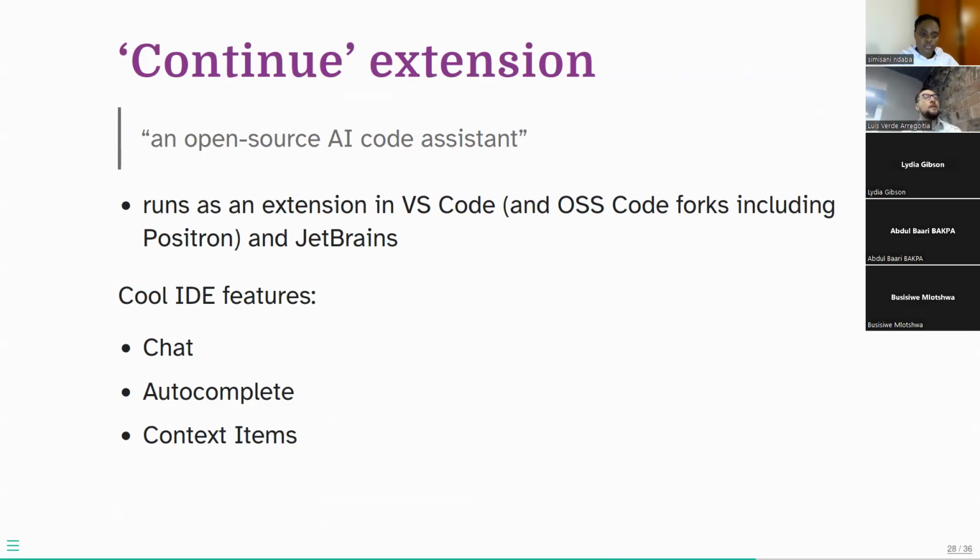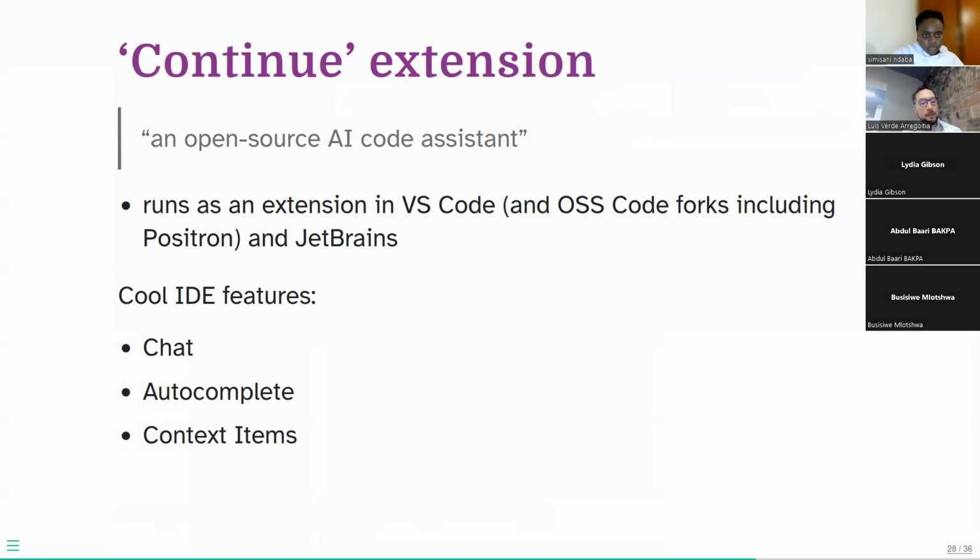It has some really cool features like a chat box, and it has code autocomplete, and we can give the tool context items. So we can just mention a script and ask for help with that particular script or file. I think I have set up a quick demo for this.